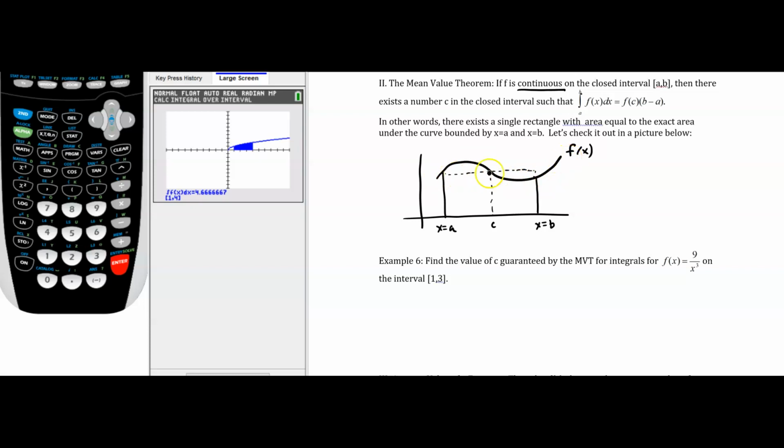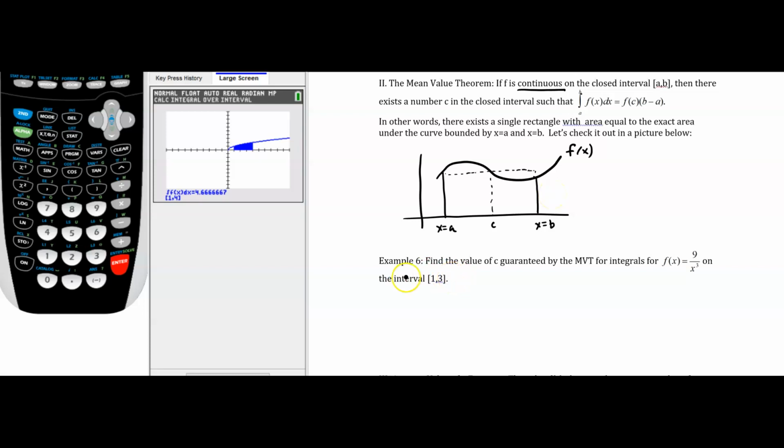You can kind of see that my rectangle does not include this extra area here, but it is picking up this extra area here. And so this is a really helpful tool in calculus, and as I get into some of the later examples, we actually use this all of the time for finding what's called the average value of the function. But this is an important theorem, and so let's practice it now.